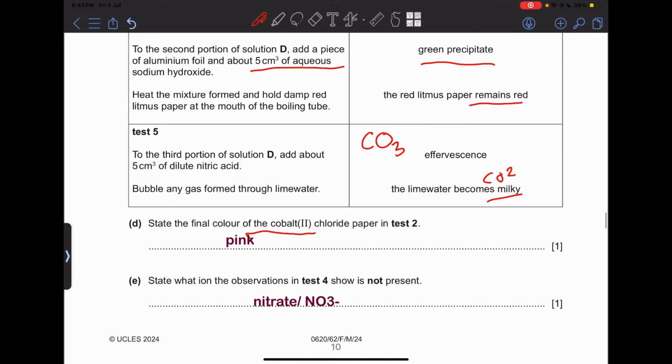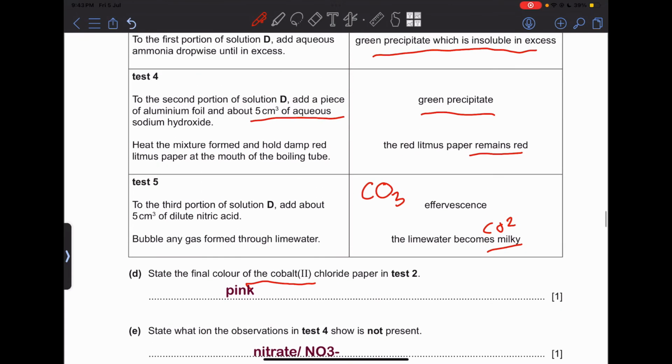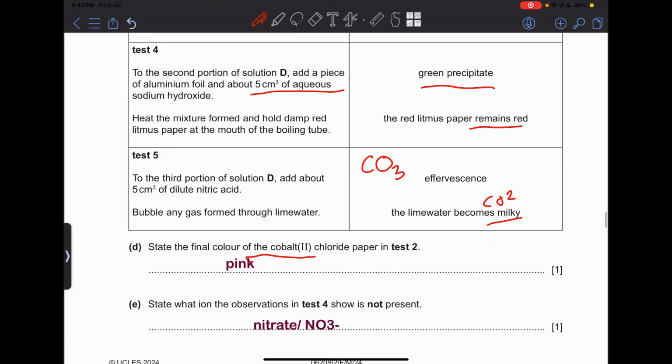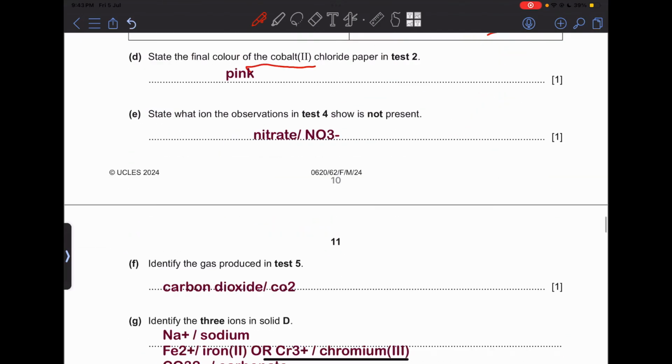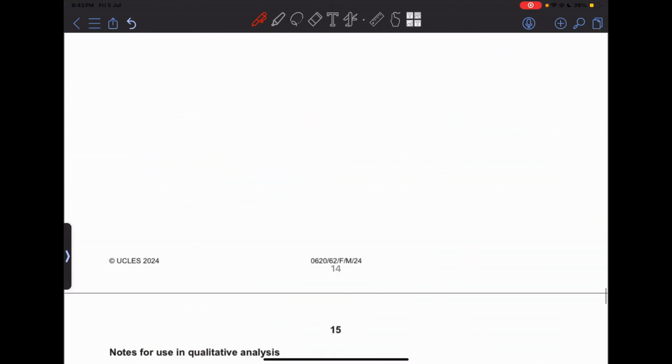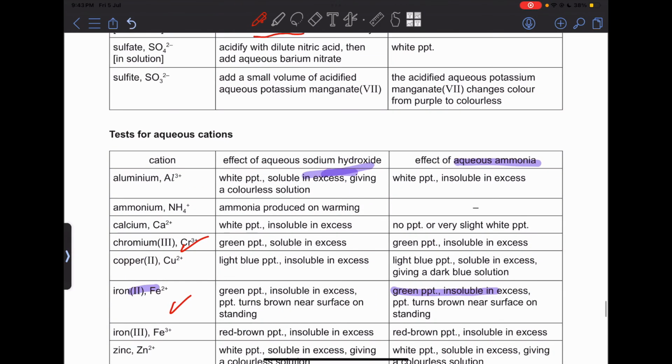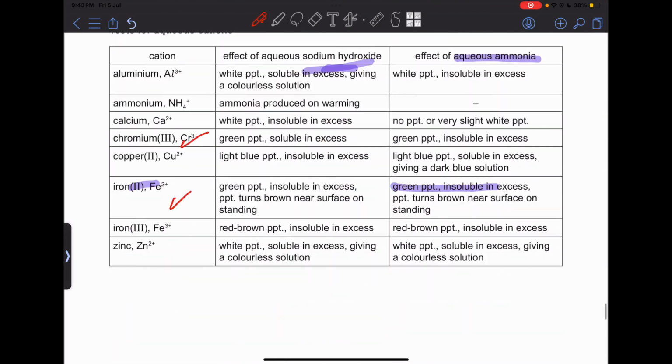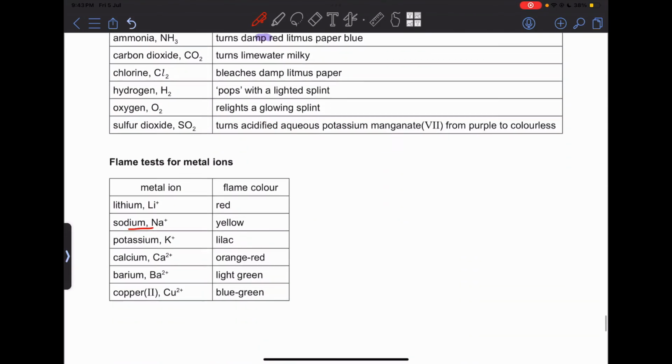Now to the third portion of solution D, add about 5 centimeter cubed of dilute nitric acid and bubble any gas formed through lime water. So the lime water becomes milky. That means that there was carbon dioxide, and this was the test for carbonate. So over here in carbonate, we know that the test should be like that.